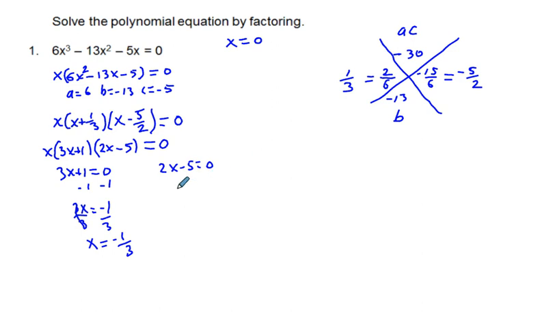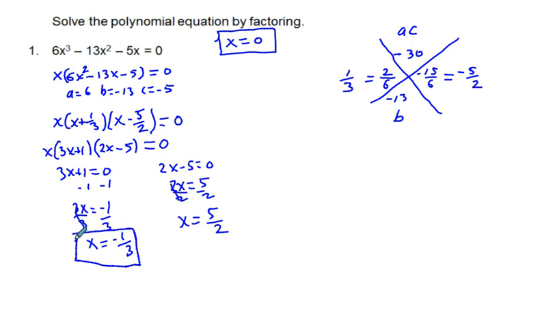We add 5 to both sides, we get 2x is equal to 5. Divide by 2, x is equal to 5/2. And so here we are. Those are our solutions. x equals 0, x equals negative 1/3, and x equals 5/2.